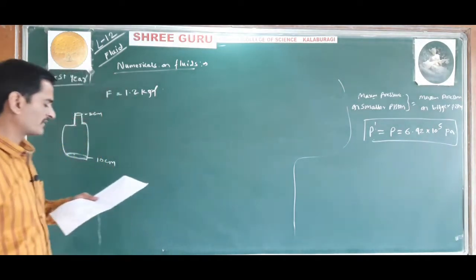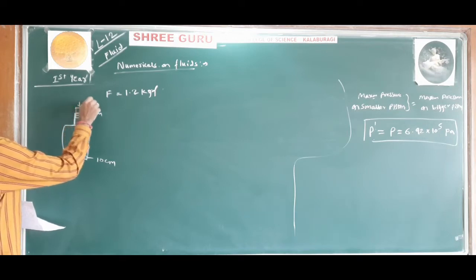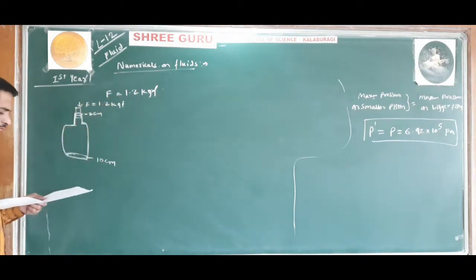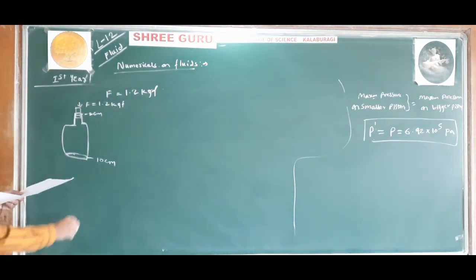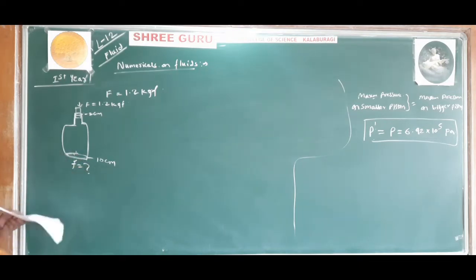The cork is pressed with a force of 1.2 kgf in the neck of the bottle. Calculate the force exerted on the bottom of the bottle. So how much force is exerted on the bottom of the bottle?